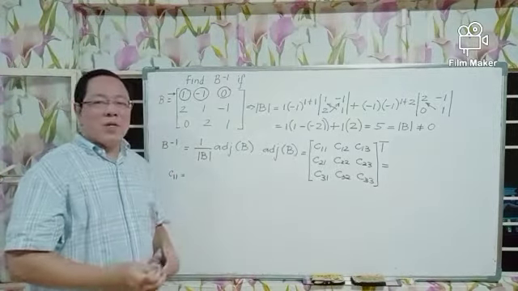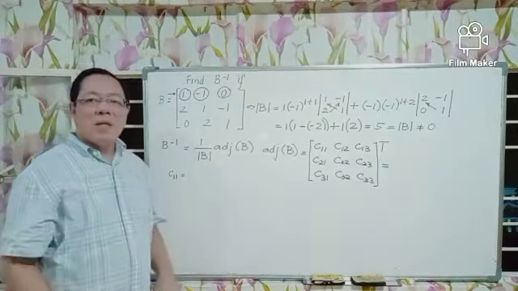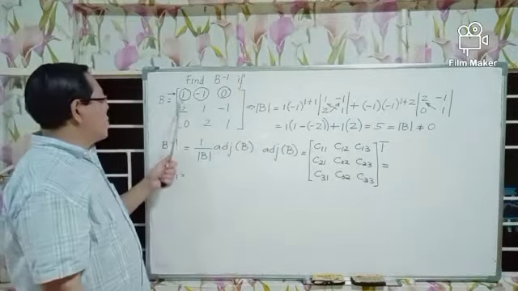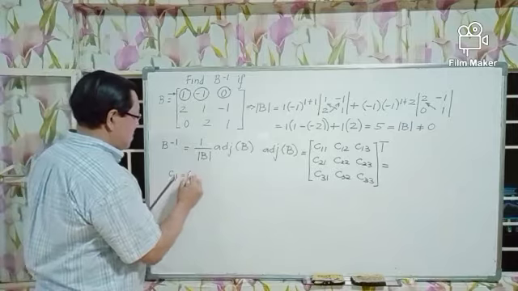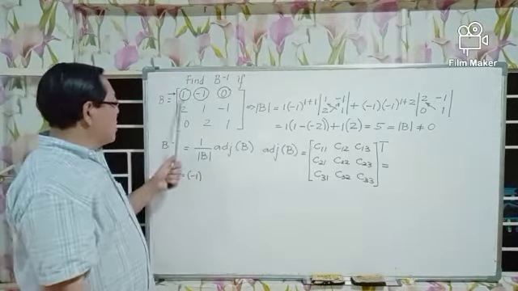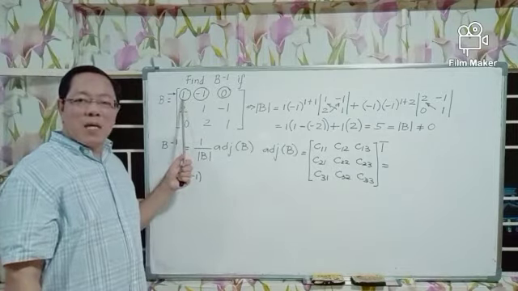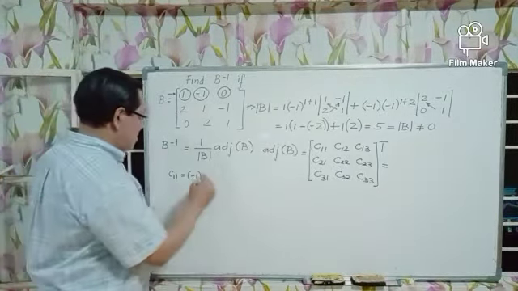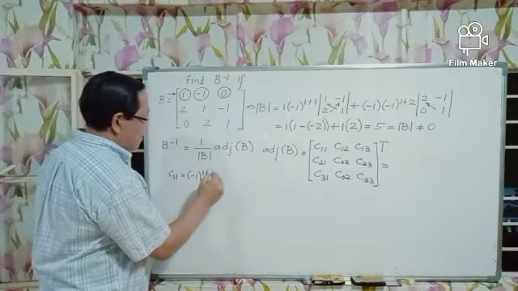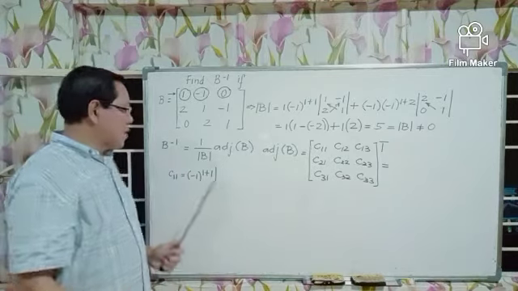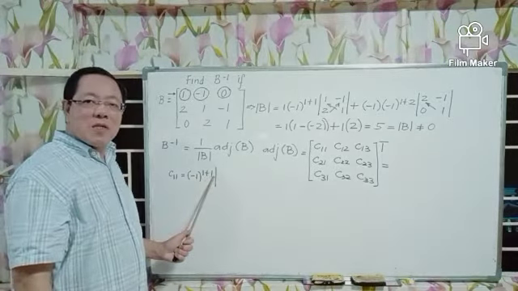And the cofactor of 1 is negative 1 raised to the sum of the row and column number of 1. And the row number of 1 is 1, column number of 1 is 1. So we raise negative 1 to 1 plus 1. Multiply by the determinant that remains after deleting the first row and the first column.